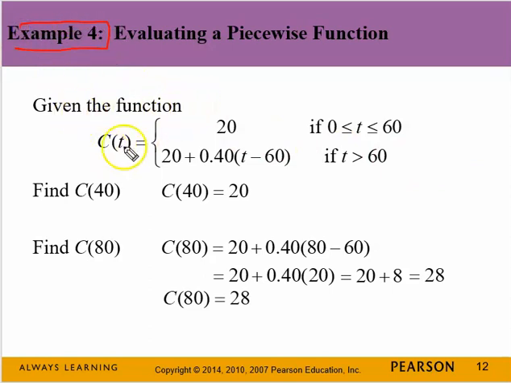Given the function, now they usually set it up like so, where the function C of t is 20, and they're saying this restriction, if 0 is less than or equal to t, and t is less than or equal to 60. In the second part, they're giving this statement, but again, qualifying it, t is greater than 60.